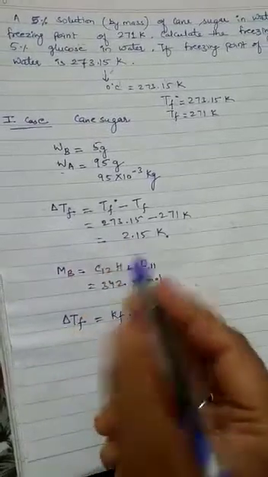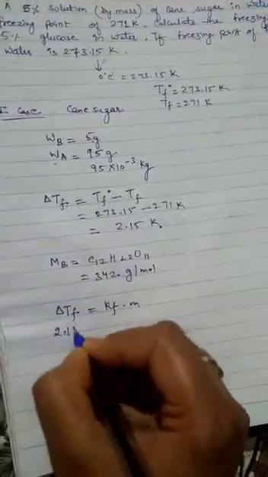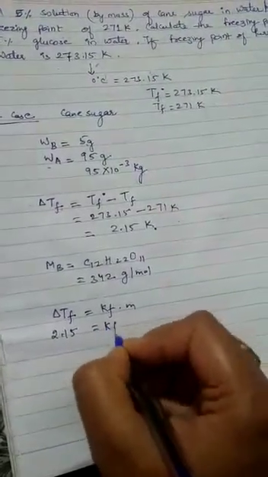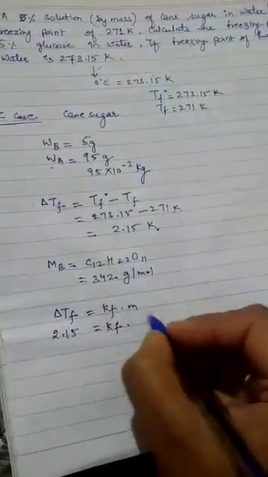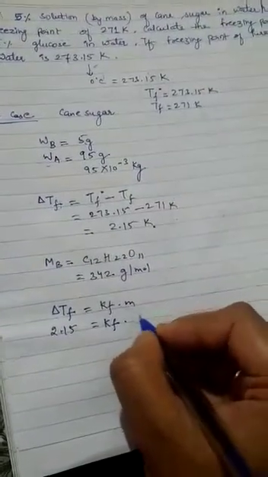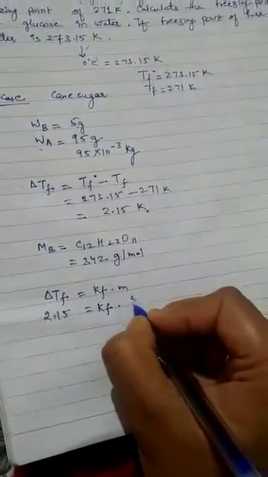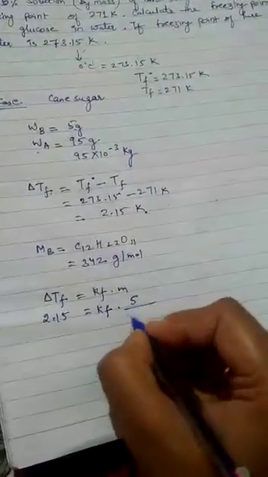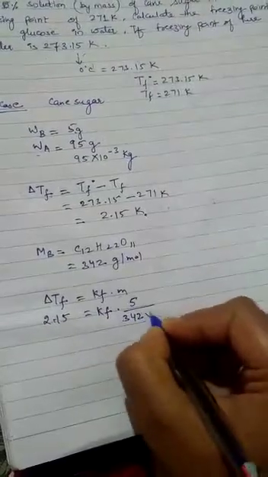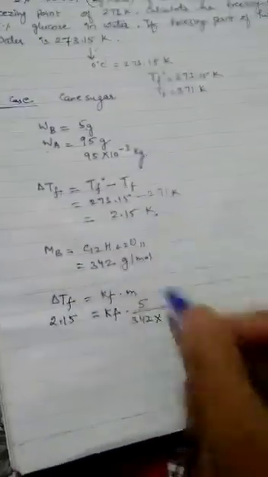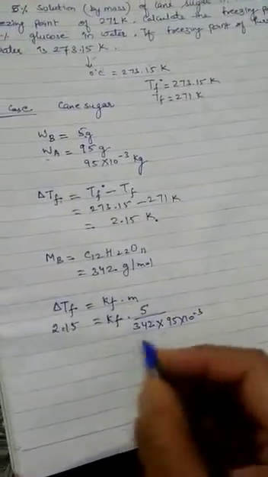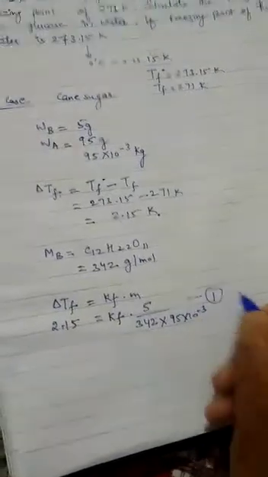So here we have the value of delta TF as 2.15 is equals to Kf. Value of Kf is not given, so just write it down as it is. And here m is the molality, that means number of moles of solute, that is mass of solute 5 divided by molecular mass, and weight of solvent is 95 into 10 to the power minus 3. So this is equation number 1.